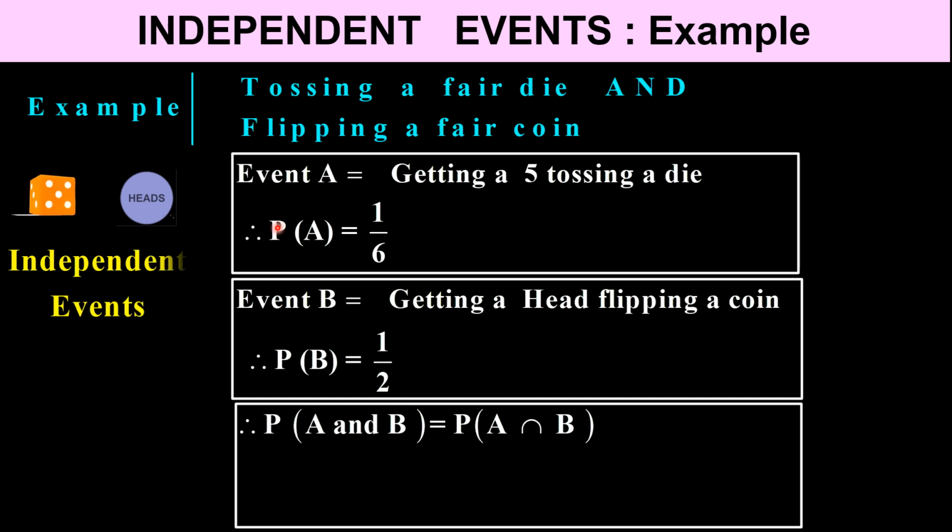So therefore we can say that event A and event B, tossing a fair die and flipping a fair coin, are independent events, right? You can see there, the probability of A times the probability of B. If I want to calculate that probability, I find the product. So it's 1 over 6 times 1 over 2, and that is going to be 1 over 12, right? So if they are independent events, I can just find the product of their two probabilities.